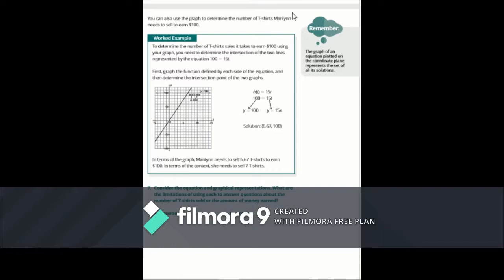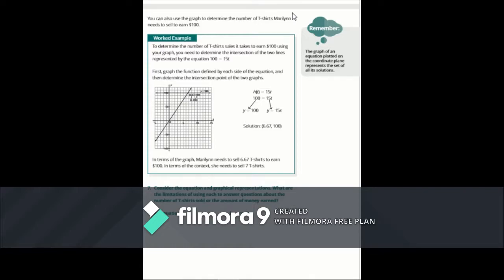First, graph the function defined by each side of the equation, and then determine the intersection point of the two graphs. In terms of the graph, Marilyn needs to sell 6.67 t-shirts to earn $100. In terms of the context, she needs to sell 7 t-shirts.